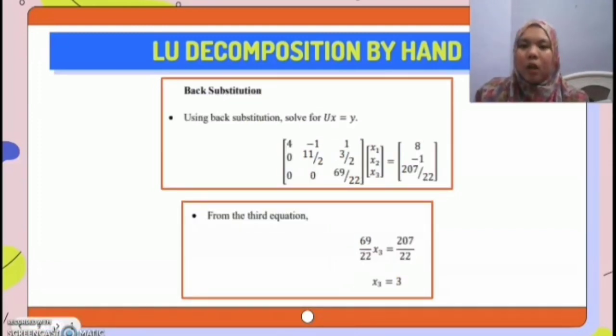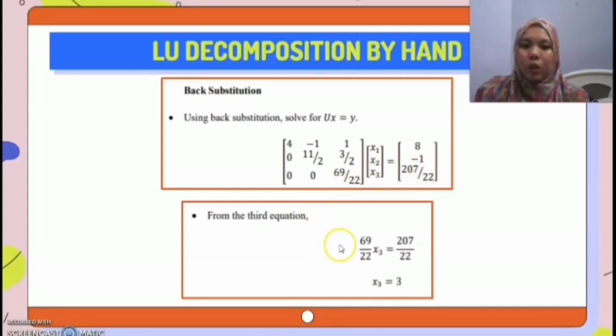Okay, the last step for LU decomposition is using back substitution. From back substitution, we need to solve Ux equal to y. The upper triangular matrix that we obtained before, we multiply with the matrix of x, which is x1, x2 and x3, equal to the values y1, y2 and y3.